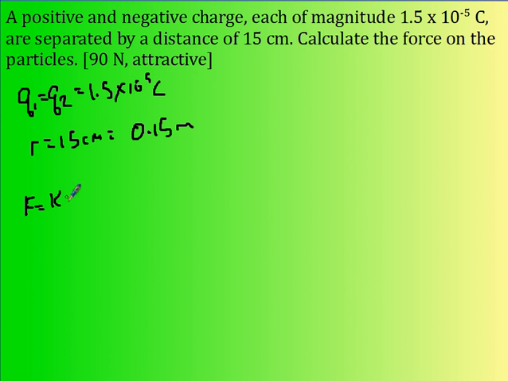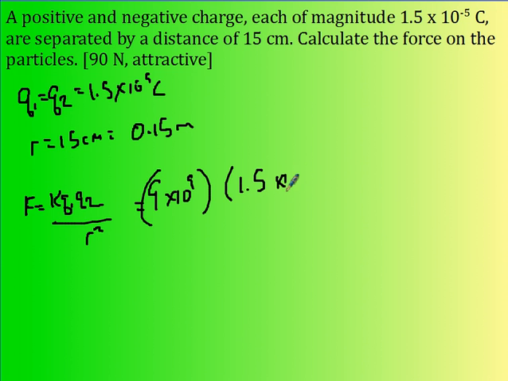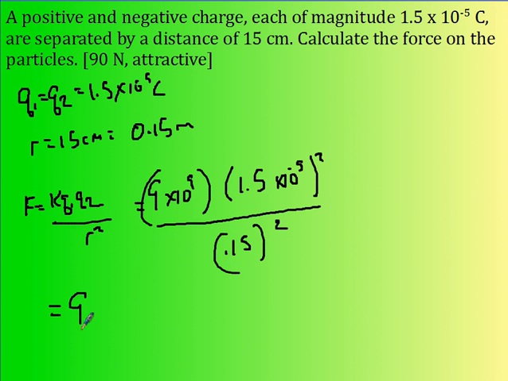F is K Q1 Q2 divided by R squared, which is 9 times 10 to the 9th. Q1 and Q2 are the same, so I can square this, times 10 to the negative 5 squared. If they were different, I'd list them separately. Divided by 0.15 squared. And I get a very nice answer of 90 newtons.